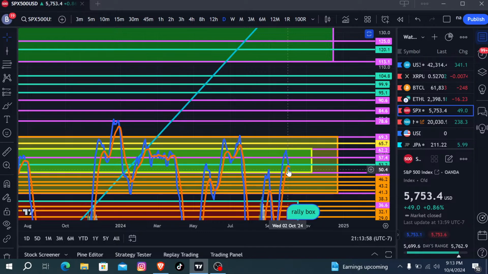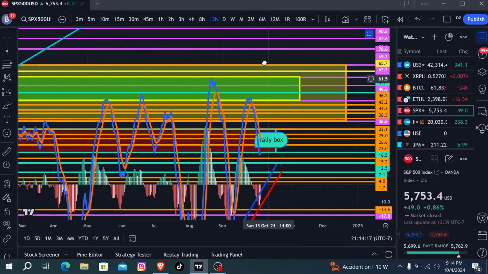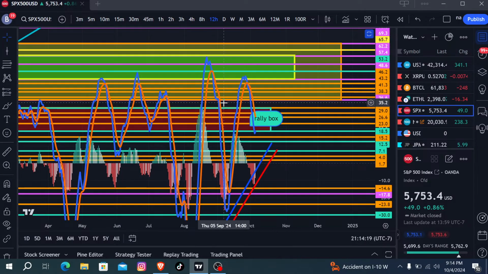So you gotta see the blue go back above the yellow. Even the indicators are at a really tight squeezing point right here, especially toward the end of the year. But still at a high volume, we still have strength. We're still in the rally box.